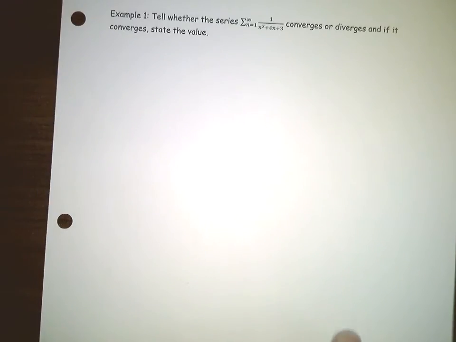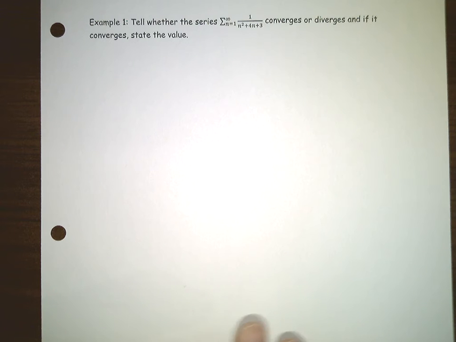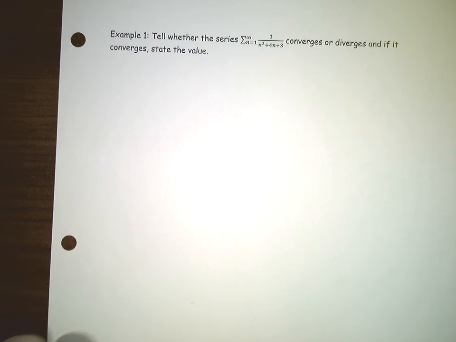So here's an example. Tell whether the series sum from n equals 1 to infinity of 1 over n squared plus 4n plus 3 converges or diverges, and if it converges, state the value.